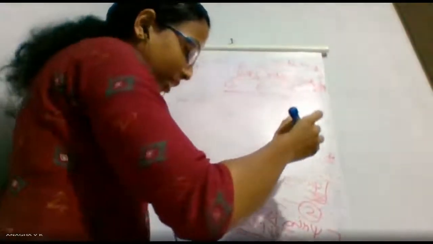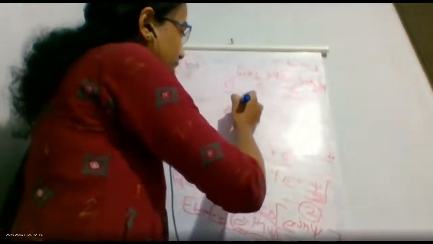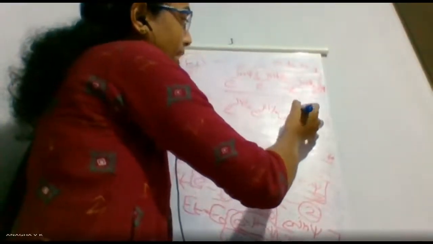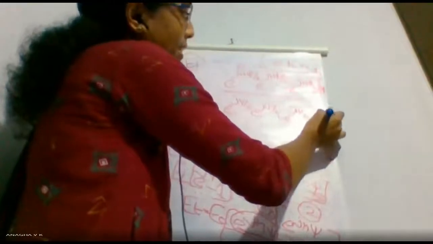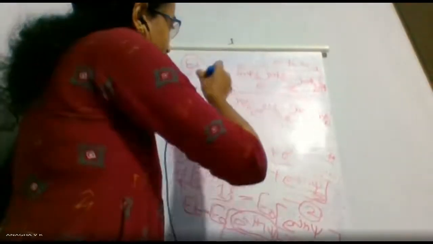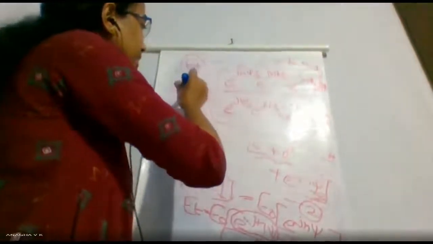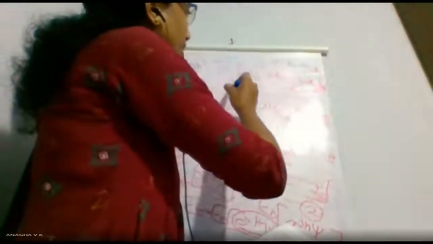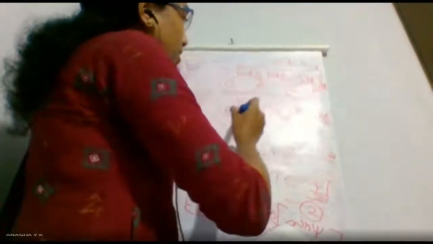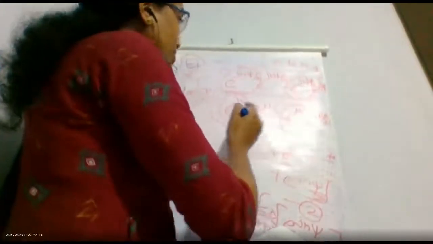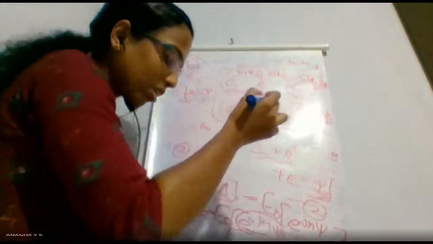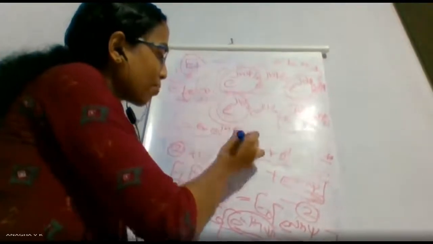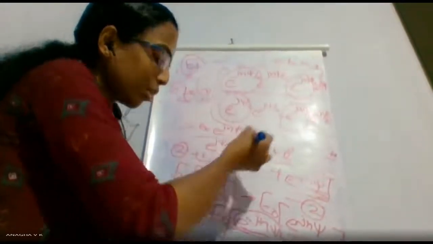So divided by what? e raised to j psi, similarly e raised to j psi by 2, e raised to j psi by 2 minus e raised to minus j psi by 2, into E naught is what? E t. Okay. So from here, what term can we take outside? e raised to j n psi by 2 and e raised to j psi by 2. So E naught into e raised to j n psi by 2 by e raised to j psi by 2.